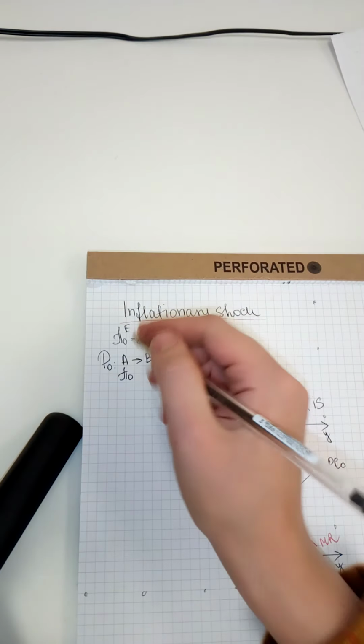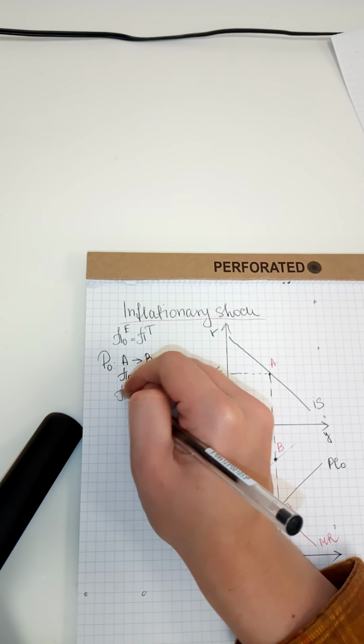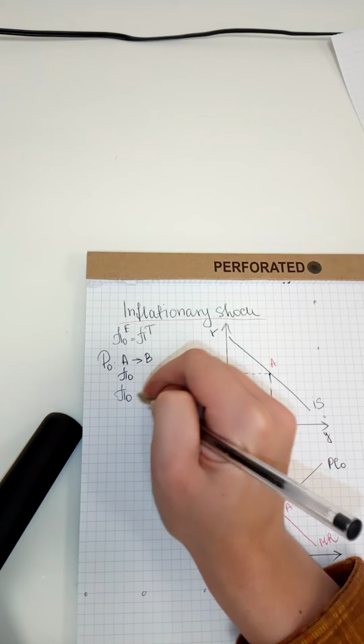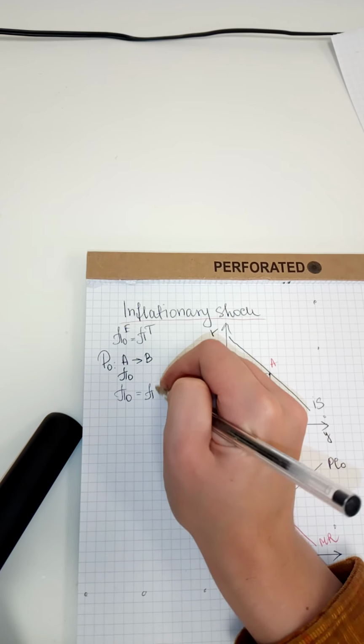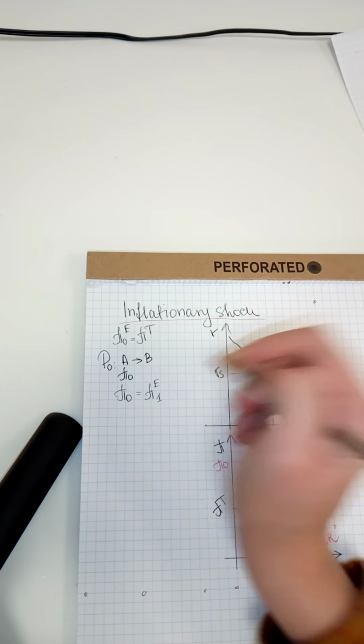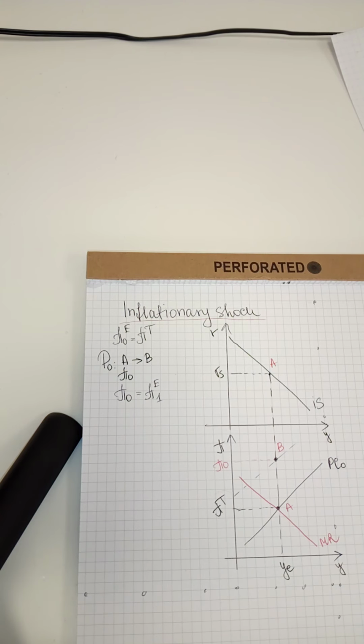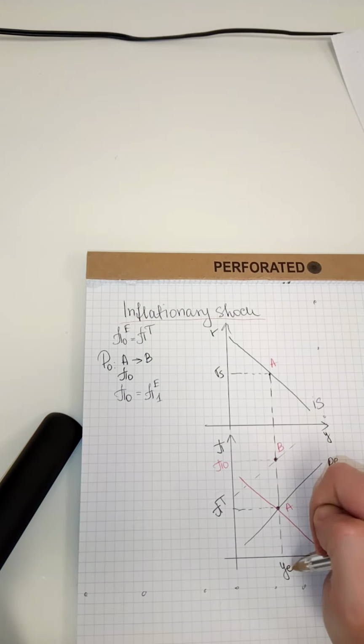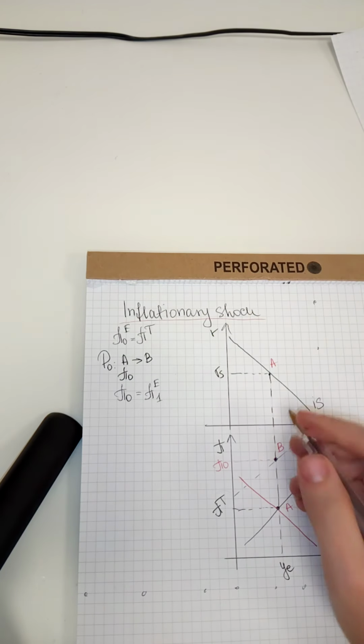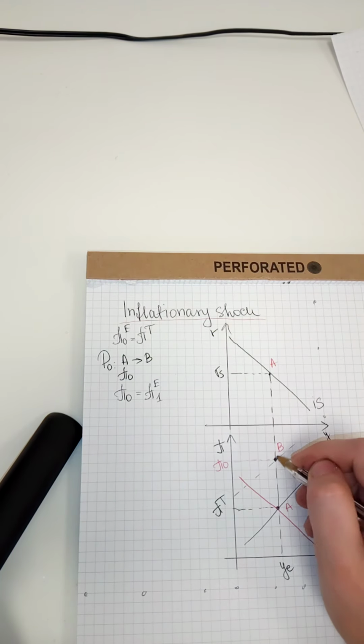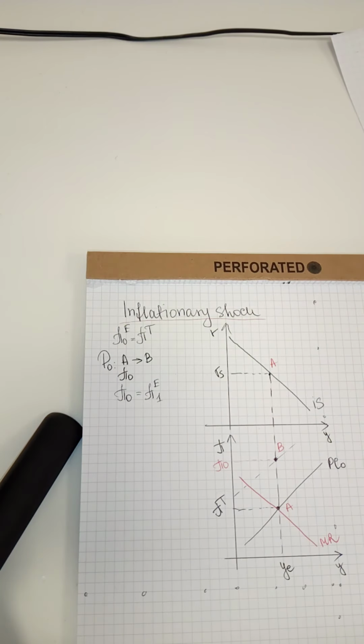If we end period 0 with inflation equal to pi 0, then it automatically becomes the expected rate of inflation in period 1. Again, at this point we have no output gap and the rate of inflation is equal to pi 0. So based on this, we can conclude that for this Phillips curve, PC1, the expected rate of inflation is equal to inflation in period 0.